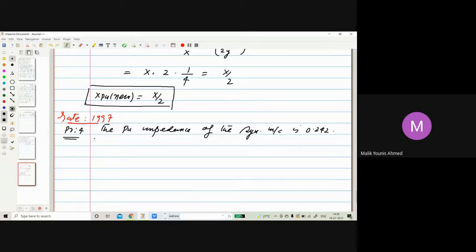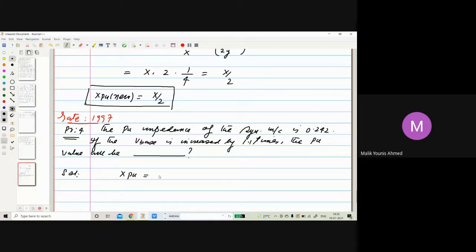If the voltage base is increased by 1.1 times, what will be the per unit value new? So XPU old is given as J0.242.